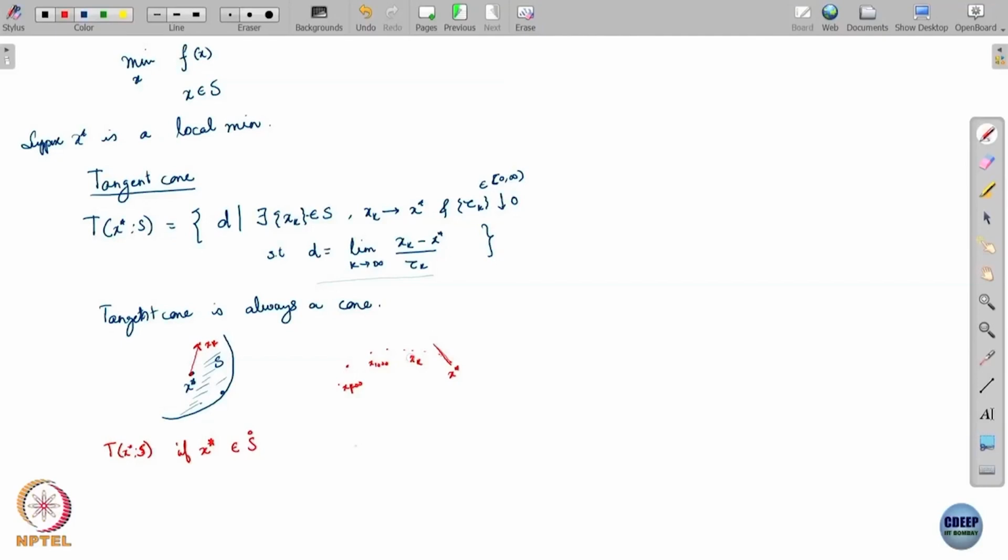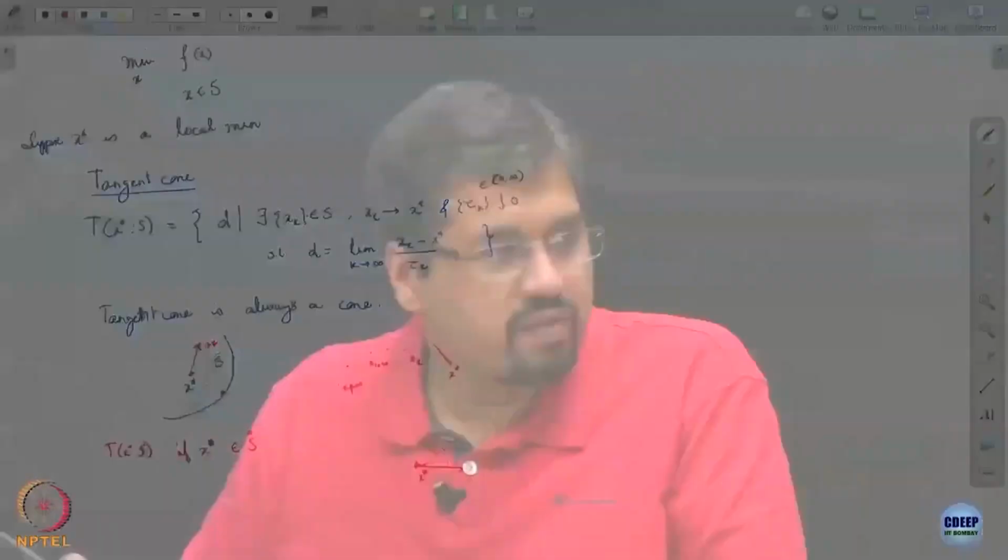So, if for instance, here was x star and you did something like this and eventually approached x star along this particular direction, the limiting value of that direction is where that D would end up pointing. And of course, because this is a direction, you can always scale it. You can measure time in any units. You can always scale the axis of time, and that will give you a longer arrow and a longer vector D. That is why this is a cone, right.